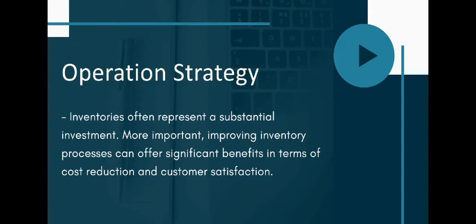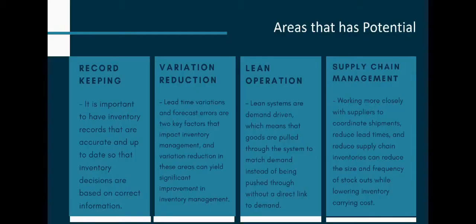Operation strategy is a total pattern of decisions which shape the long-term capabilities of any type of operation and their contribution to the overall strategy. The four areas that have potential in operational strategy are record keeping, variation reduction, lean operation, and supply chain management.